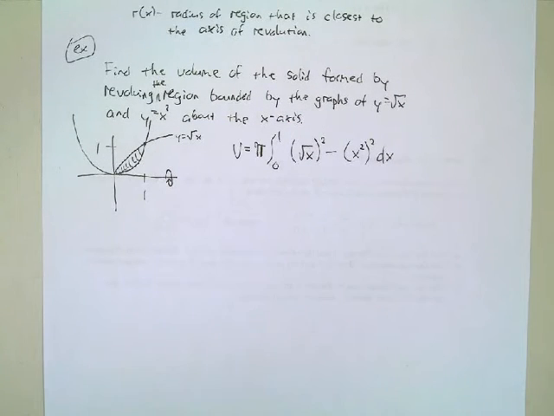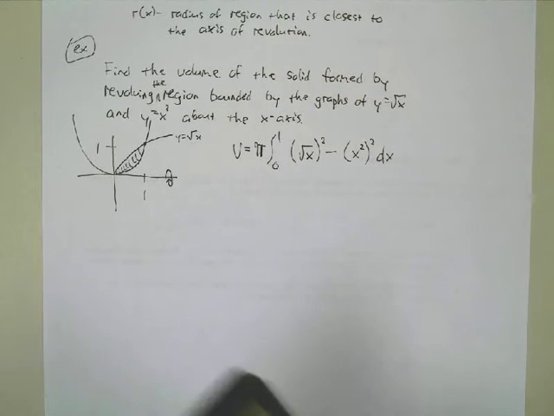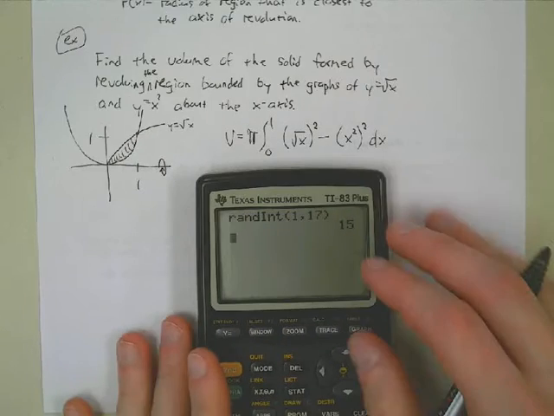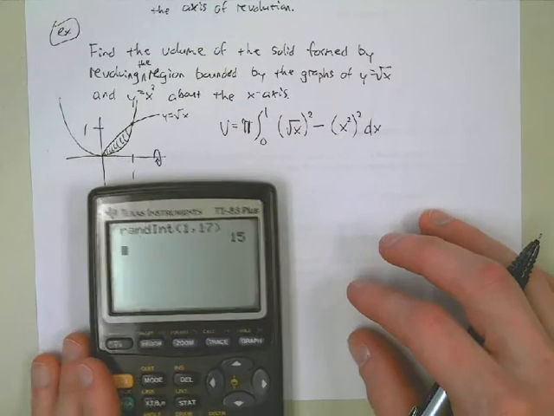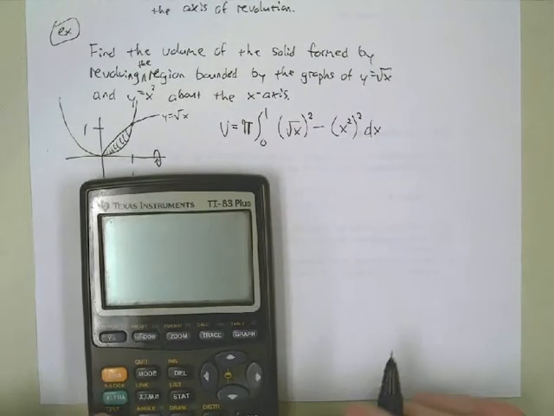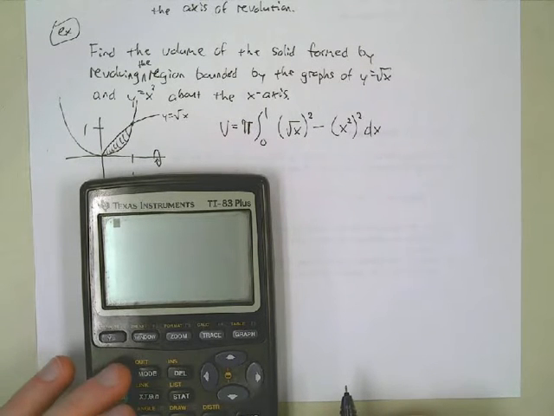Wouldn't things like this, when rotating them around different axes, give you the same volume? Like if I rotated this around the y-axis, wouldn't it give me the same volume as rotating around the x-axis?